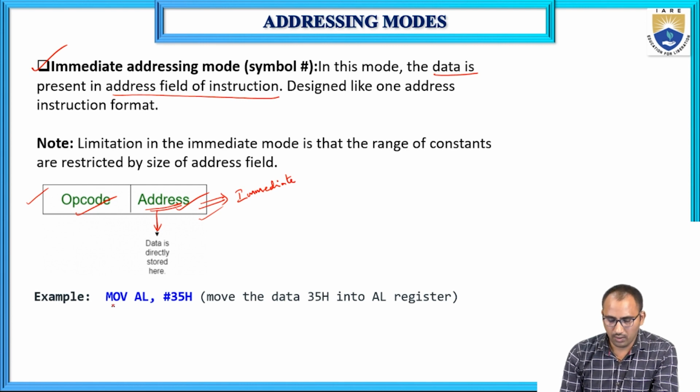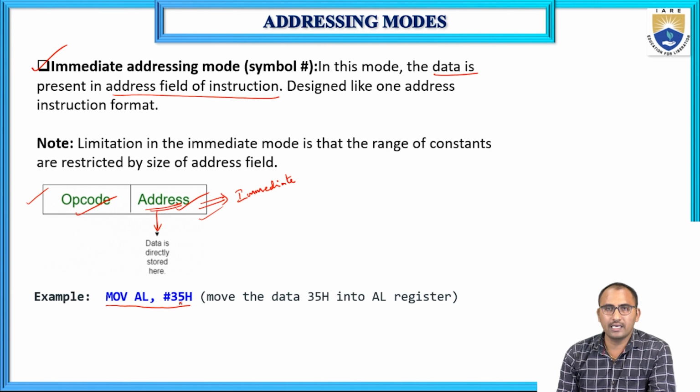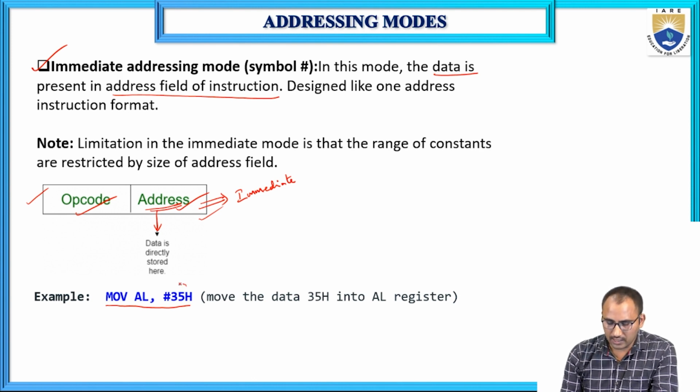And an example: MOV AL, #35. So this is immediate addressing mode. That means here, what is this 35? 35 is an immediate value, an immediate operand, and immediate values are prefixed by the hash symbol.